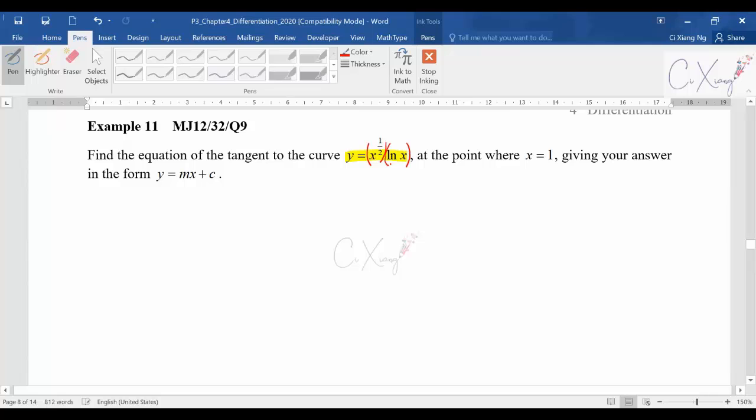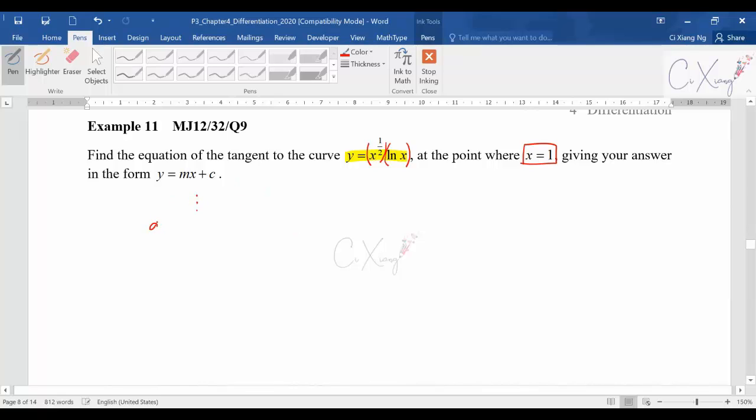Then you substitute x equals to 1 into dy dx to get the gradient of tangent. After that, also substitute x equals to 1 into y and try to get the equation of tangent yourself. This example, I think, is quite straightforward. I would just want you to do it on your own.